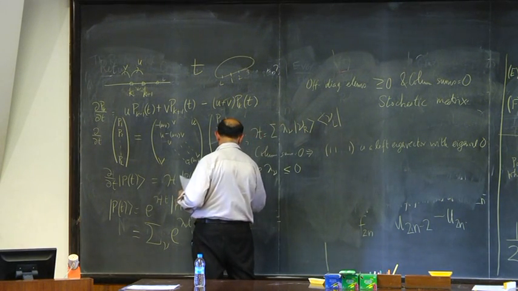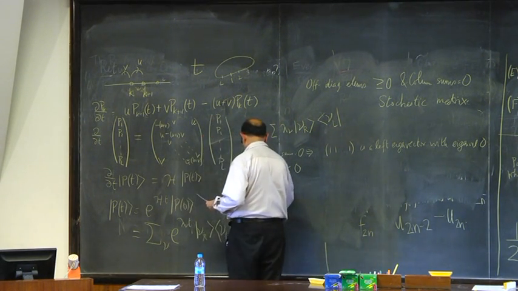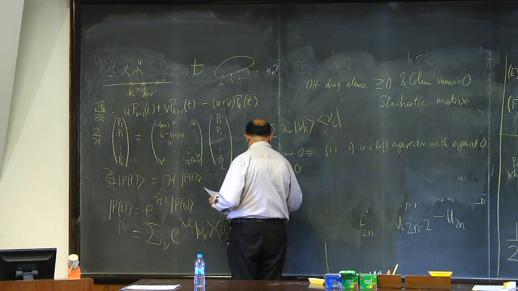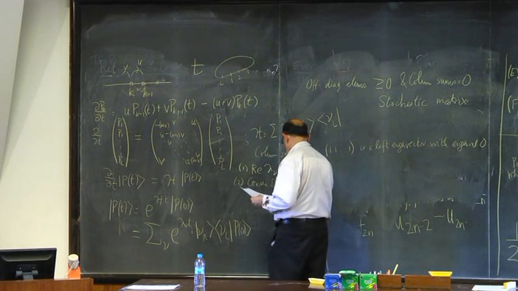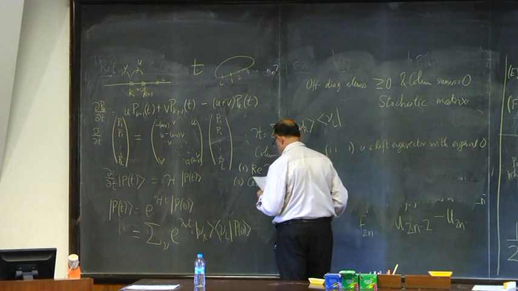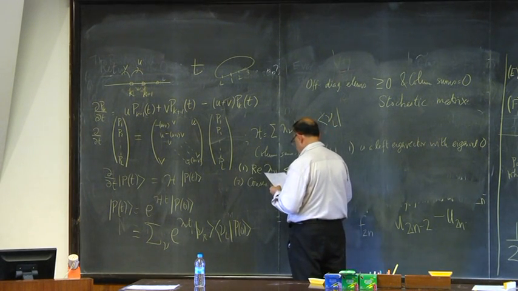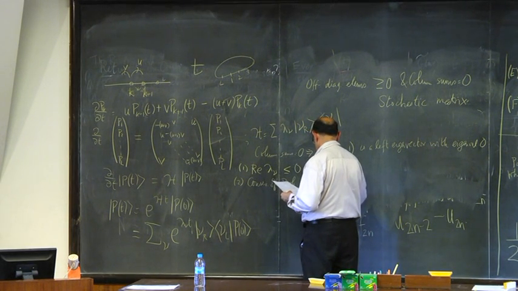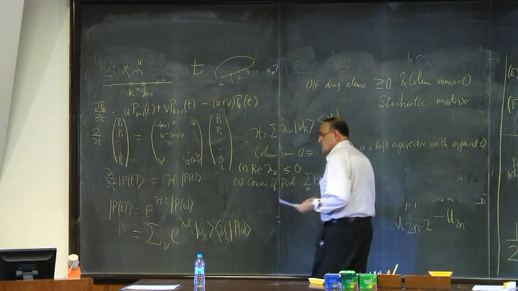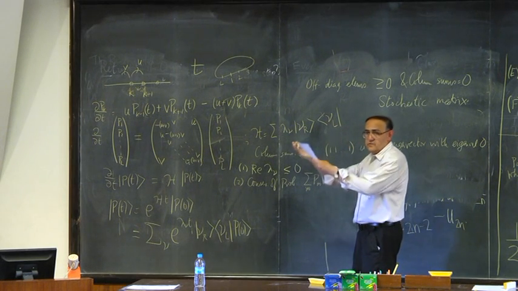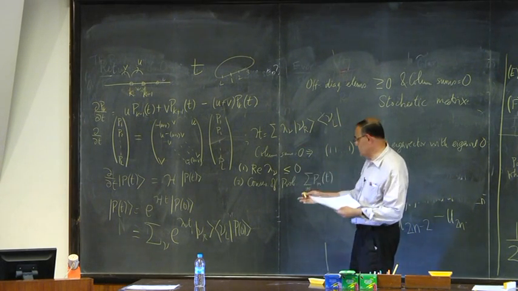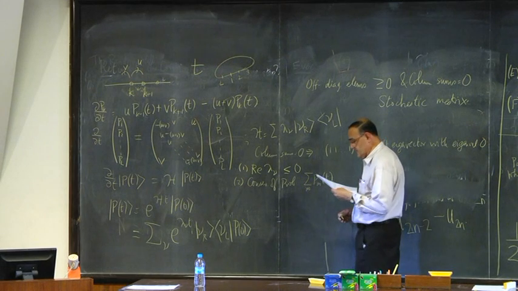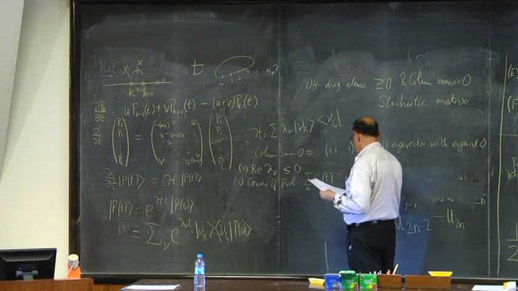Okay, the second property is very nice: conservation of probability. So what do I mean? Let us consider the sum over m of p m of t. The state has evolved in time, it has reached this, but how do I find this?